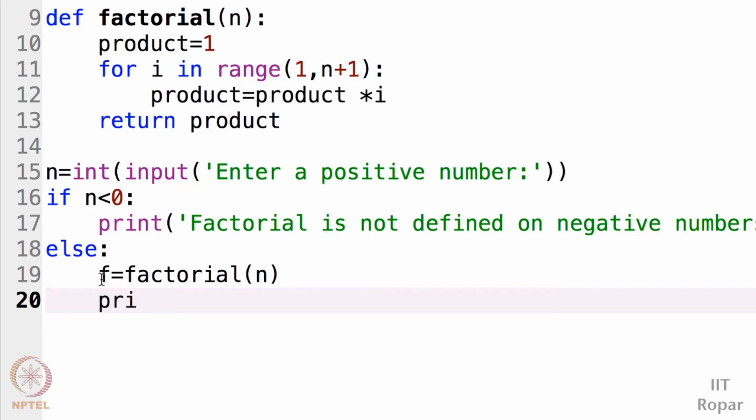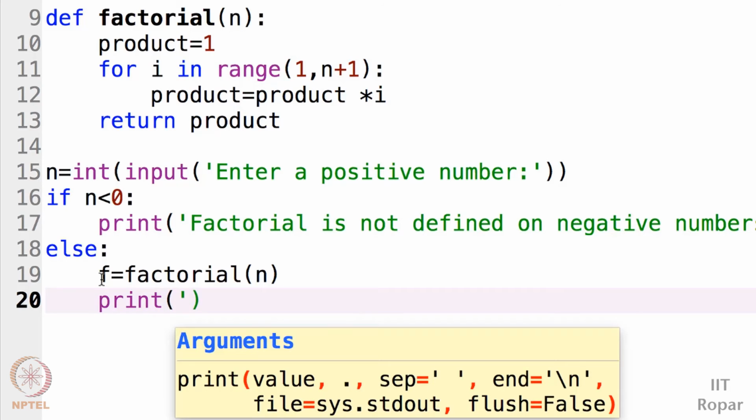So let me print it. Print, let me say, factorial of n is f. That is, n factorial is f. That is what we want it to be printed.